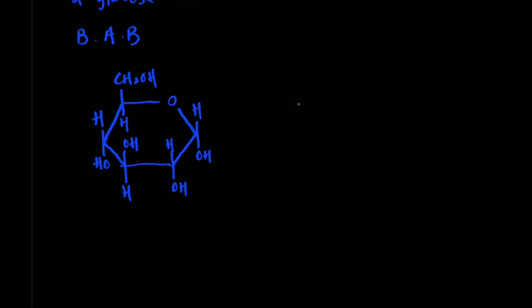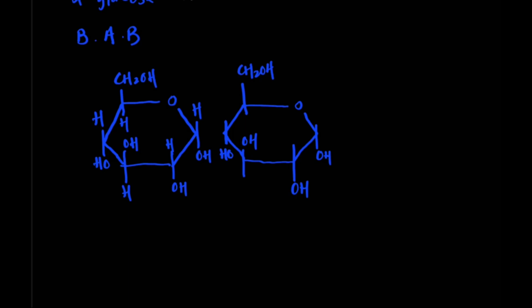The neighboring ring I also repeat, with the complete ring structure of alpha glucose. So OH below at C1, then bawah atas bawah, then CH2OH. I complete it with the H. Make sure you draw it completely.